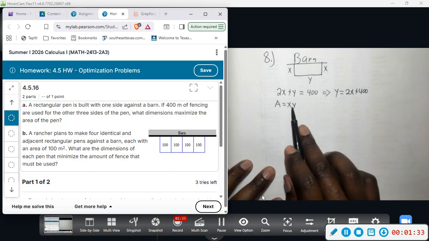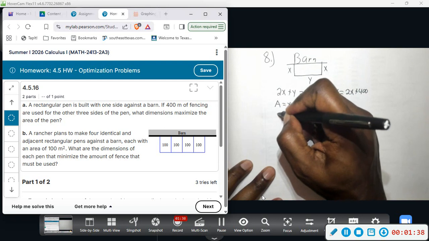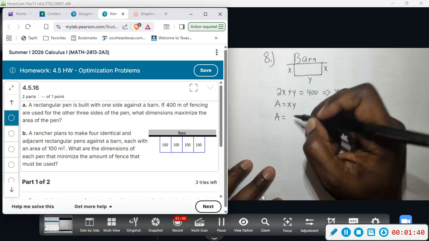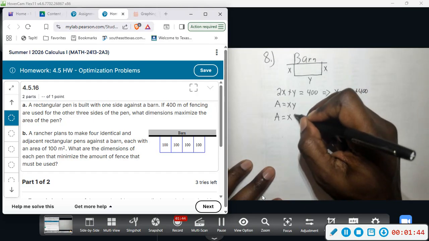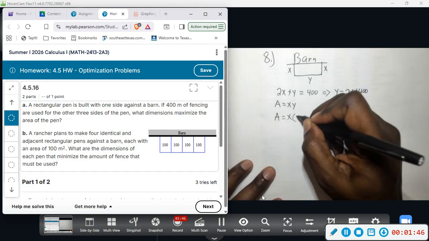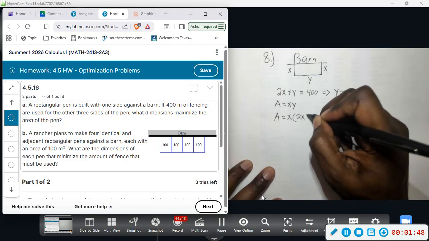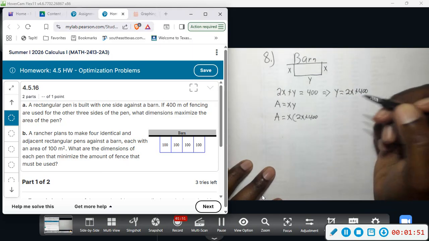We're going to plug that into the area function. So we're trying to solve for area, X times the Y, which is going to be equal to negative 2x plus 400.